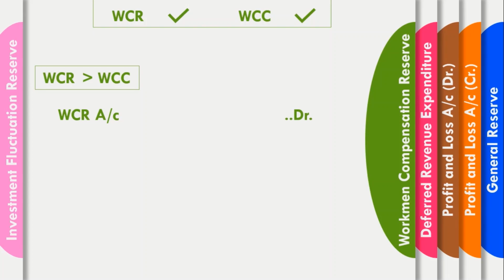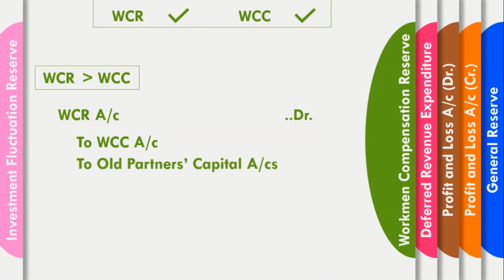Then we will raise a liability, so to workmen compensation claim account. Suppose workmen compensation reserve is 10,000 and workmen compensation claim is 7,000. We are still left with 3,000 rupees and that remaining amount will be distributed among old partners in their old profit sharing ratio.